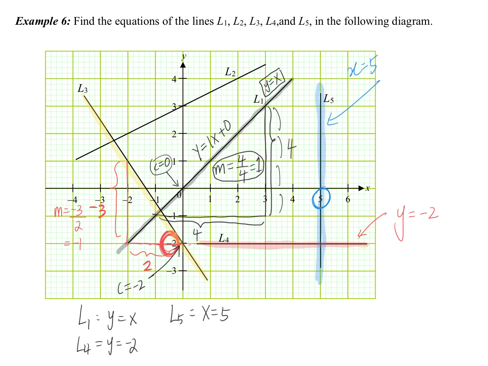So you get negative 1.5. So with that, line 3 has equation y equals mx plus c. So you just simplify. This is the equation of the third line.